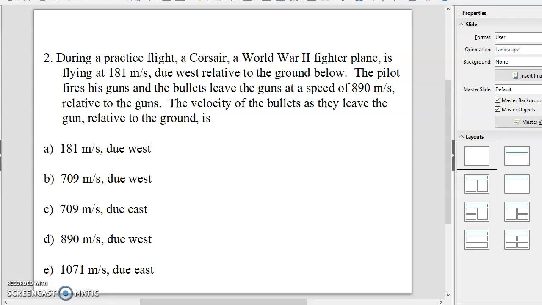The pilot fires his guns, and the bullets leave the guns at a speed of 890 meters per second relative to the guns. The velocity of the bullets as they leave the gun relative to the ground is, and the answer to that one also was E. It is 1,071 meters per second due east.